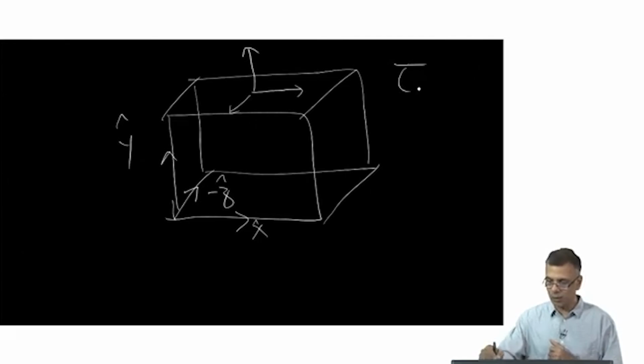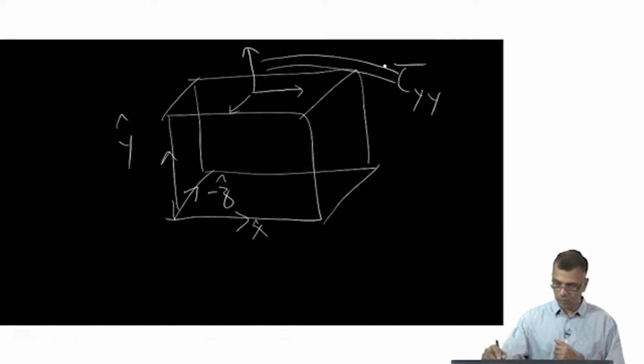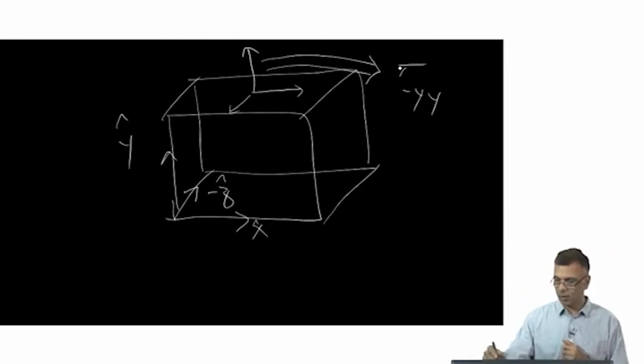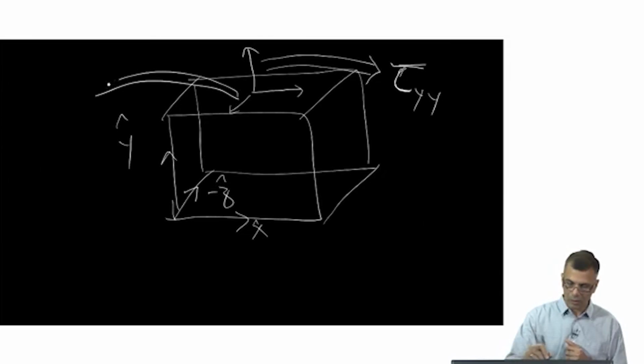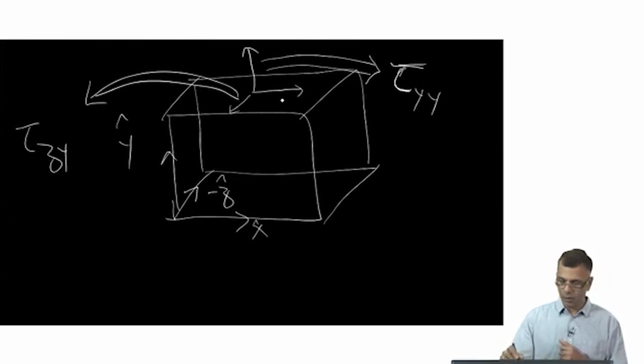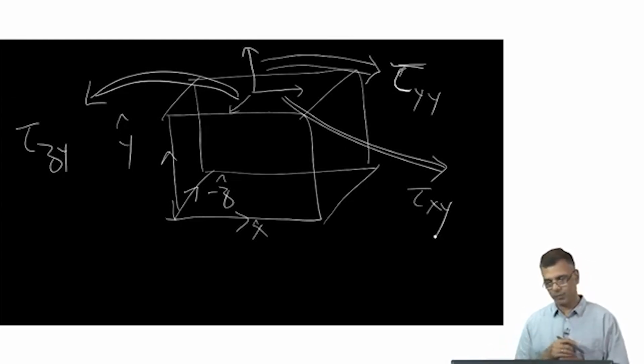And we call this tau yy. This would be tau zy, and this would be tau xy.